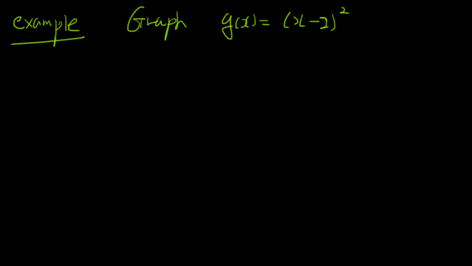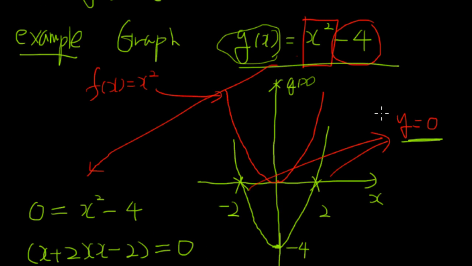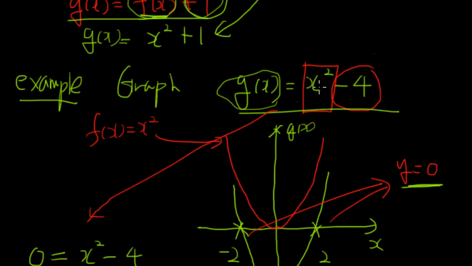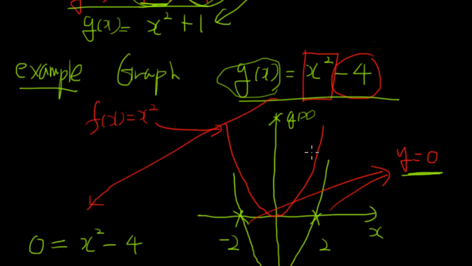In all the previous examples, the addition or subtraction was not within the x but applied to the entire function. So remember here, to the original f of x we added a number. Same thing here, to the original f of x we subtracted a number, right?